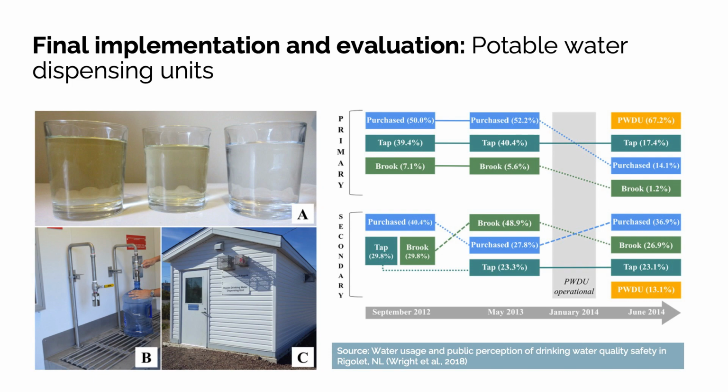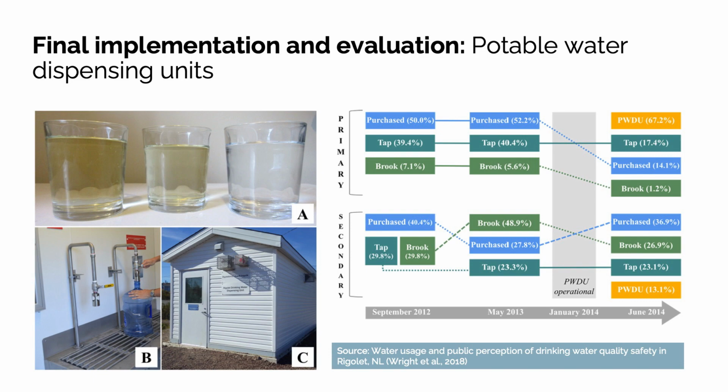All right, now on the positive side, the water is great. And this has driven a change in the way that people use water in some communities. This is a wonderful study by Wright et al. They looked at before and after a potable water dispensing unit was installed in an Indigenous community in Labrador and talked to people about, and they didn't talk to them in hindsight, they communicated during the process, what kind of water do you like to use?